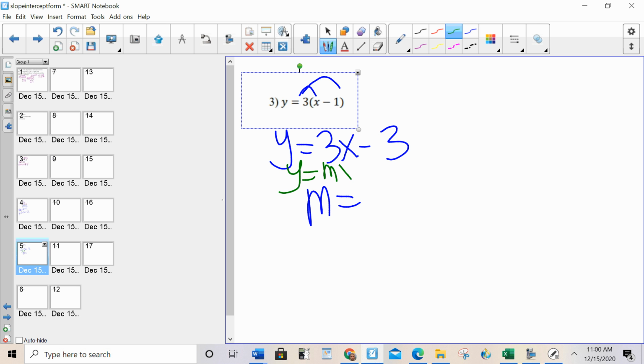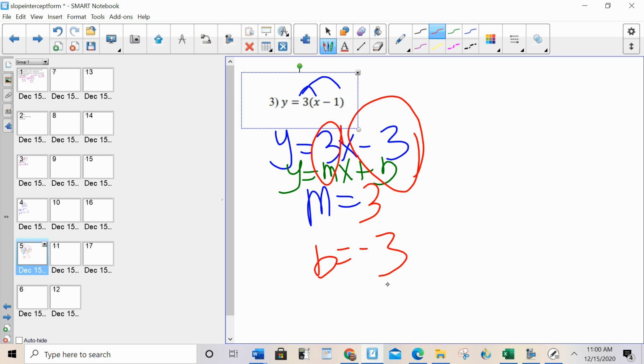Y equals mx plus b. My m is 3. My y-intercept, my b, is -3. And that's it.